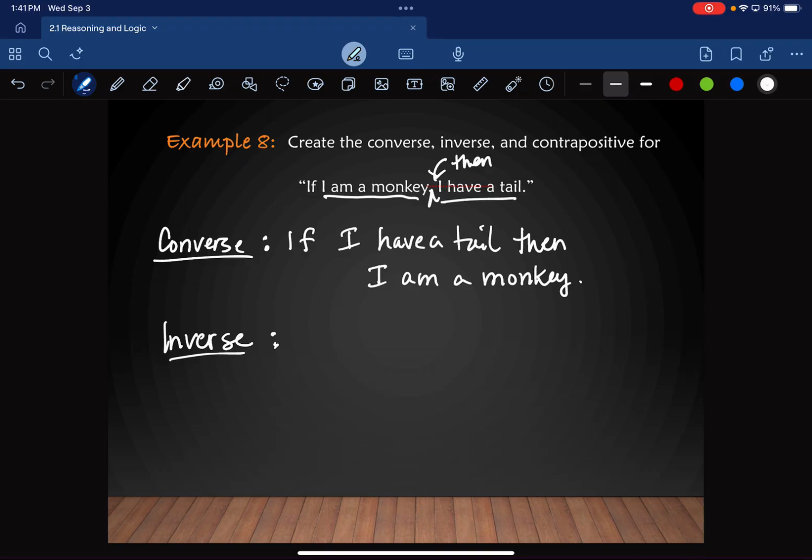But instead, I negate both of those individual statements. So what is the logical opposite of the statement, I am a monkey? I am not a monkey. Then, and now I need the logical opposite of the statement, I have a tail. I do not have a tail, or I don't have a tail.